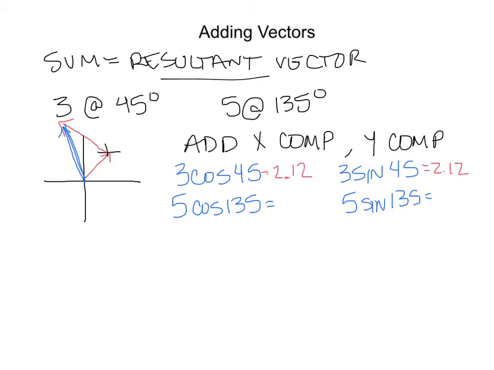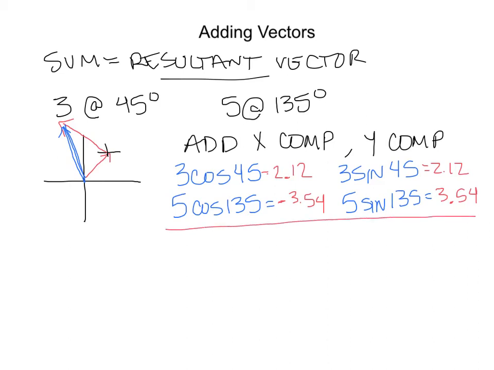Again, utilizing our calculator to do this good stuff for us, we are going to end up with negative 3.54, and then we are going to have 5 sine 135, 3.54.